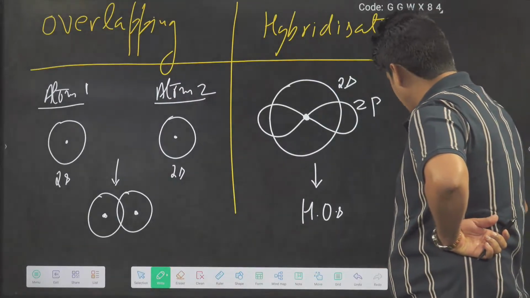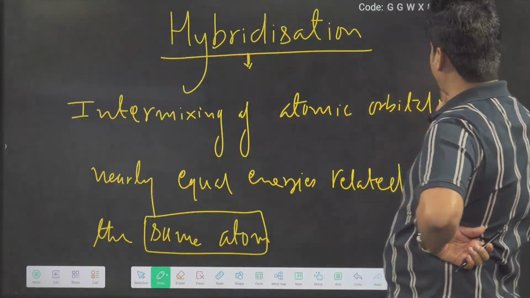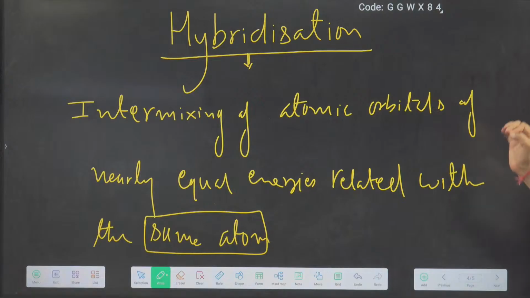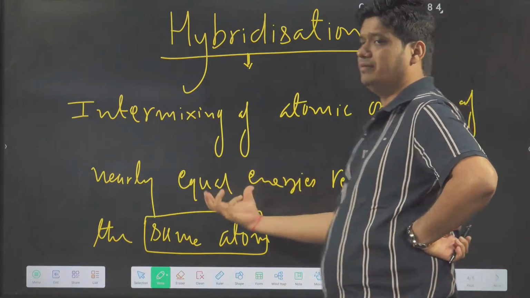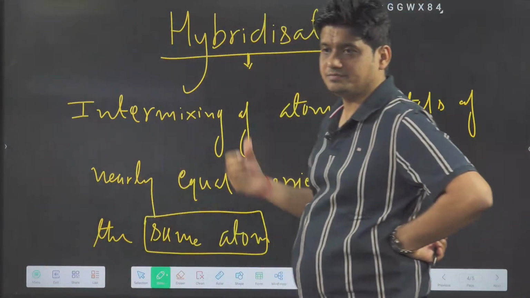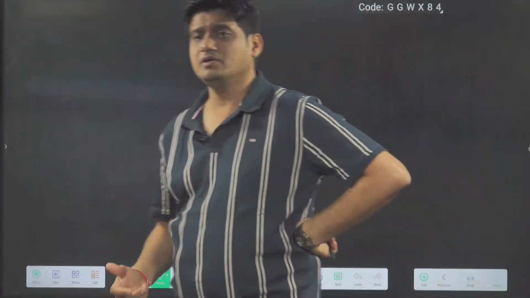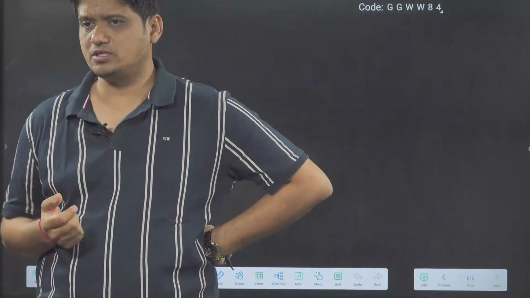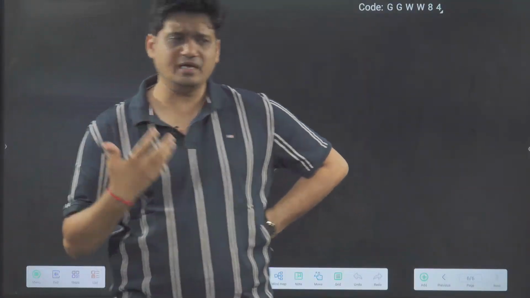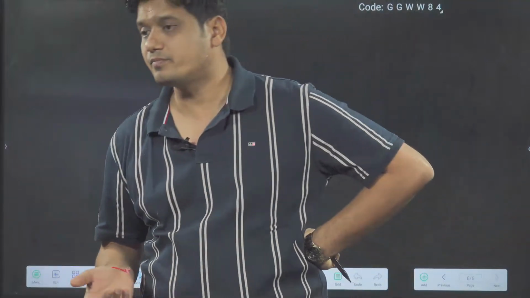Okay. So what I said here, intermixing of atomic orbitals of nearly equal energies related with the same atom is hybridization. Now the next part is how hybridization is going to help to gain stability in the case of molecules. See, whatever is happening in the molecules or in the atoms, they are trying to increase their stability. Am I right?